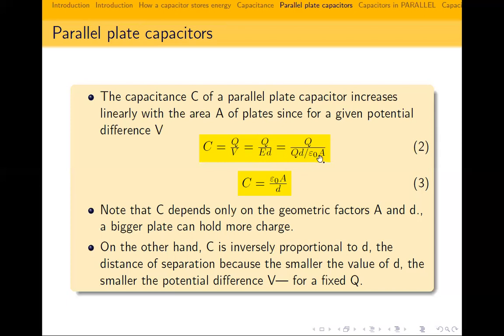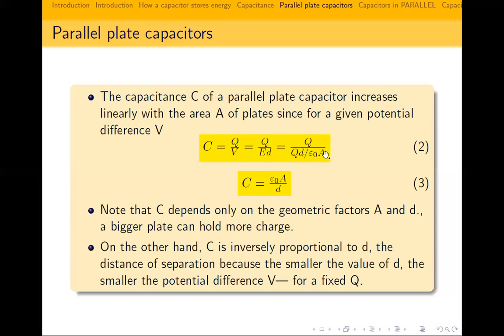I think you need to go back to that equation and see how the quantity A comes about. It comes about because the electric field intensity is defined with R squared. If you are dealing with a square plate, then the area is the length squared. That's why we have an introduction of area.